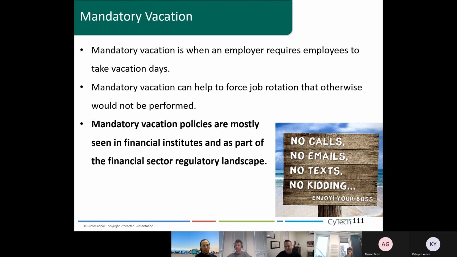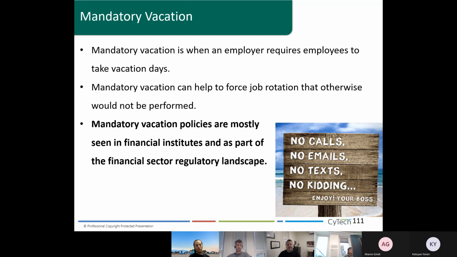You want to go on vacation. And for some roles, they will even ask you to deposit your passport in the nearby police station. The reason they do that is that they send you on vacation and they put someone else instead of you doing your role, and by that, they want to detect fraud, okay?